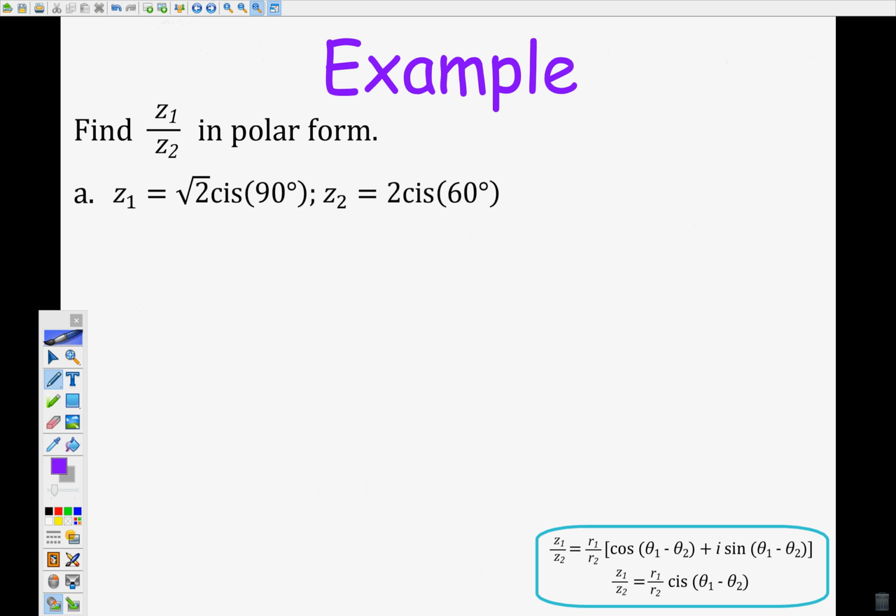So if I'm going to divide these two polar equations, to find z1 divided by z2, I'm going to take radius 1, square root of 2, divided by radius 2, which is 2, cis, and this time I'm going to subtract 90 minus 60.